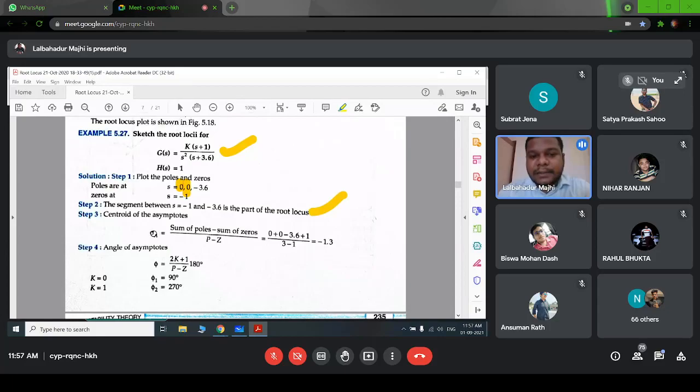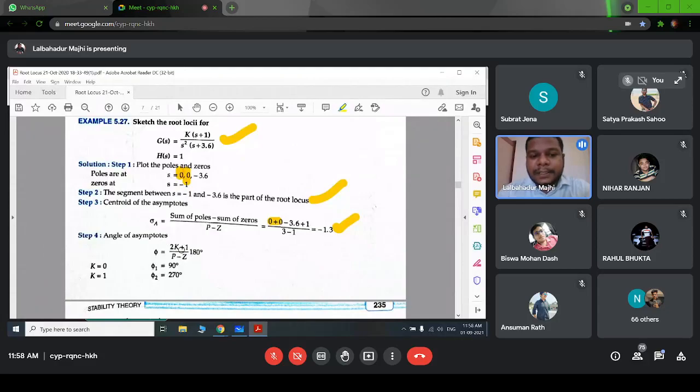So sigma A equals the sum of poles minus sum of zeros divided by P minus Z. We have 2 poles at 0 and another pole at -3.6, and then we have a zero at -1. So minus 3.6 plus 1, divided by 3 minus 1. So we are getting our centroid to be -1.3. Then we have to determine the angle of asymptote: 2k plus 1 divided by P minus Z, into 180. We will get 90 and 270.